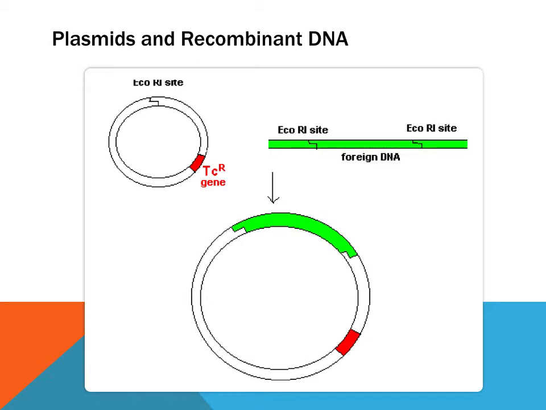This is the original DNA of, let's say, a bacteria. We are forcing that bacteria to take on this green DNA, which belongs to another organism, and we insert it in the DNA of that organism. So now that bacteria has foreign DNA in it, and it is going to act and look a different way.